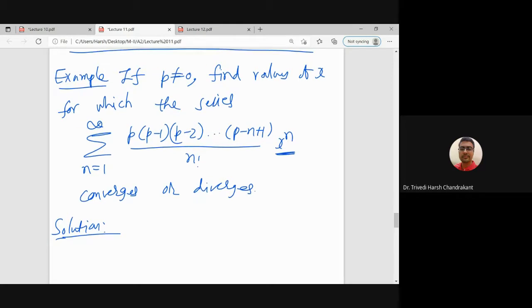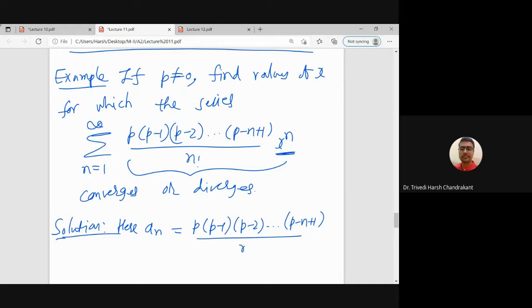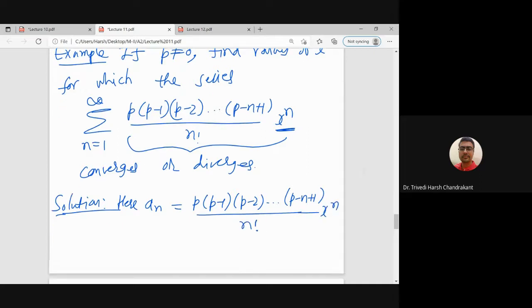So let us start by writing the nth term first. The nth term is p minus 1, p minus 2 up to p minus n plus 1, divided by n factorial, x power n. So this is our nth term.